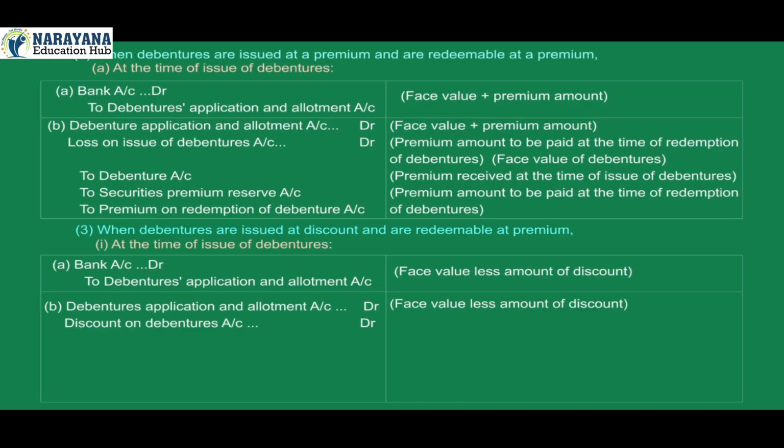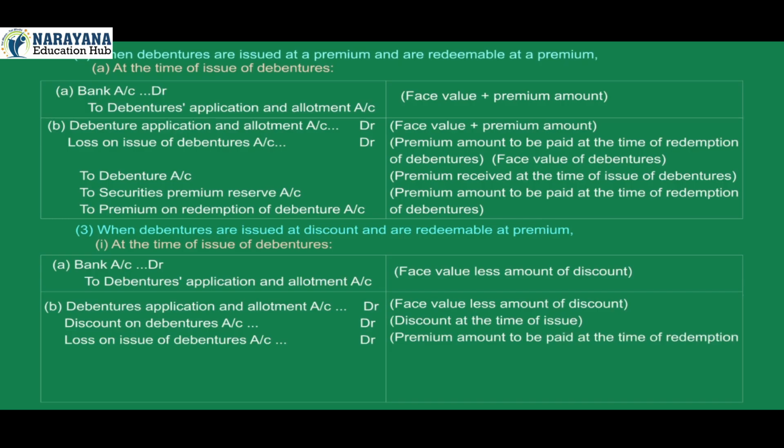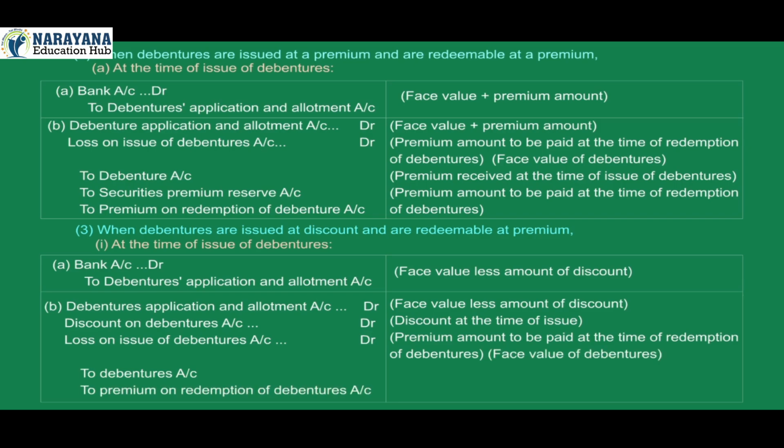Discount on debenture account debit, discount at the time of issue. Loss on issue of debentures account debit, premium amount to be paid at the time of redemption of debentures. To debentures account credit, face value of debentures. To premium on redemption of debentures account credit, premium amount to be paid at the time of redemption of debenture.